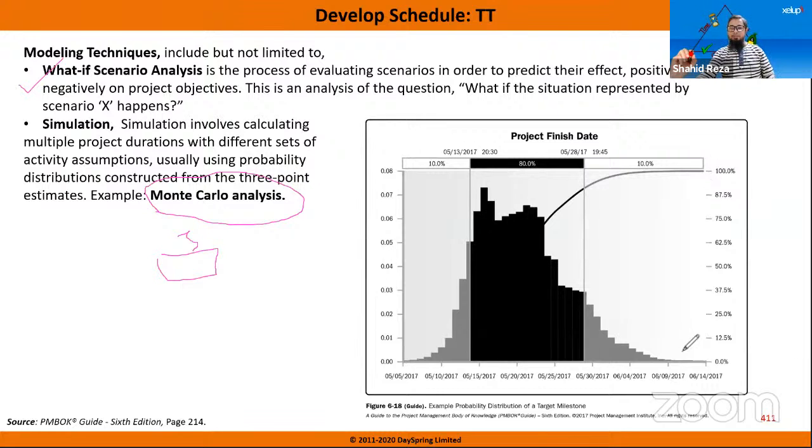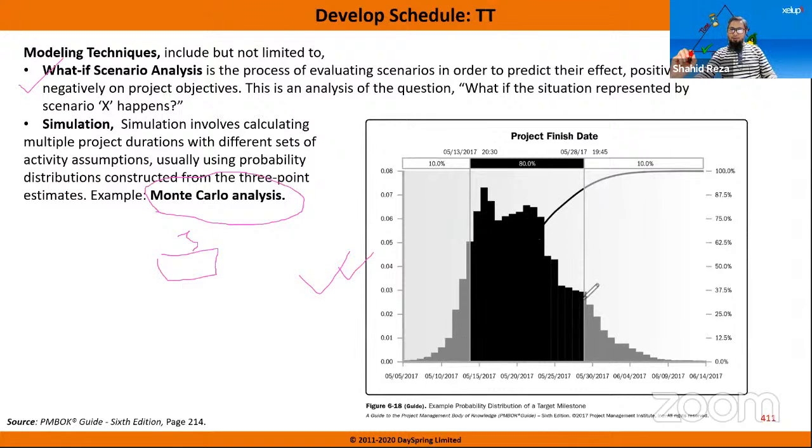within a certain time. For example, using some simulation technique, we have found this is the distribution of our project. Let me explain here.